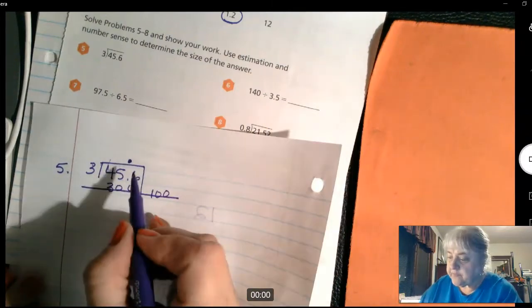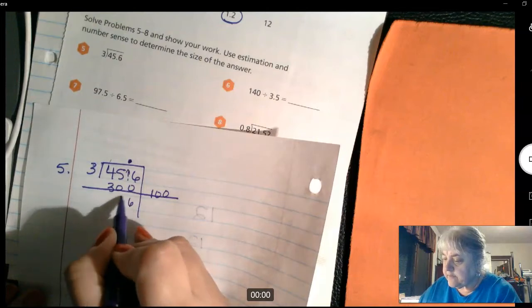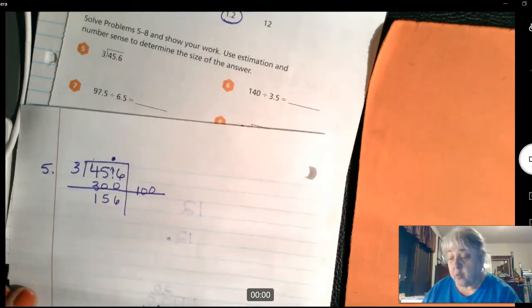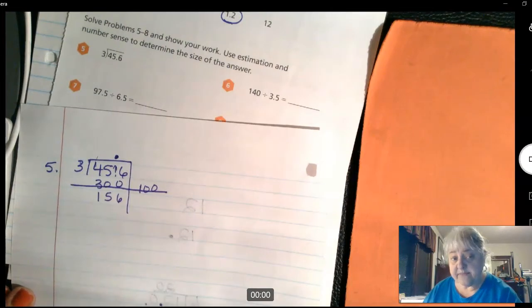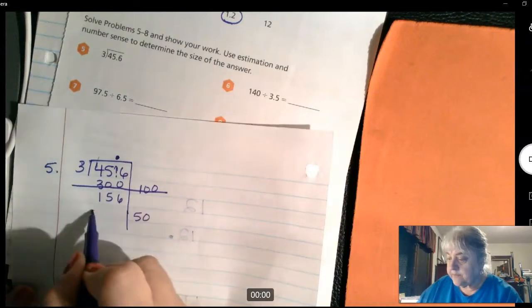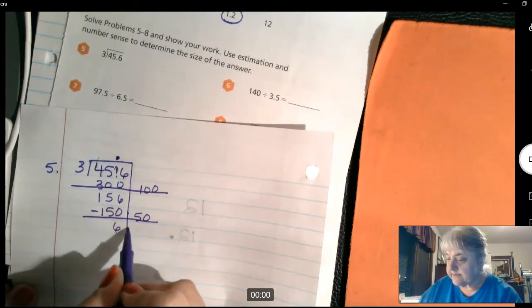Now I'm just going to subtract 6 minus 0, 5 minus 0. That leaves me with 156. Well, I know that 3 times 5 is 15. So 3 times 50 would be 150. And I'm going to subtract that off, and I get 6.